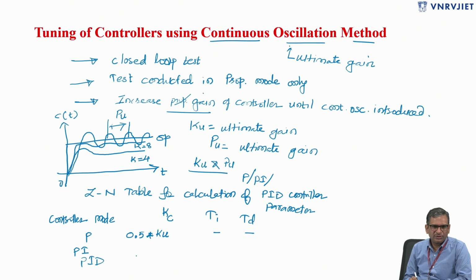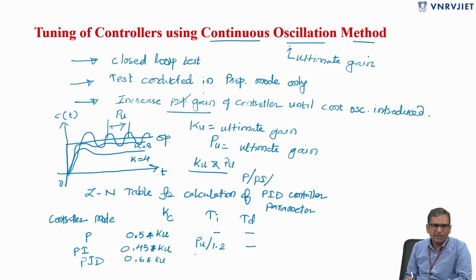If we are using a PI controller, then the gain is 0.45 times the ultimate gain Ku. To calculate the integral time Ti, we use the ultimate period Pu divided by 1.2. From this formula, we can calculate the Ti value for the PI controller. For the PID controller, it is 0.6 times the ultimate gain Ku.